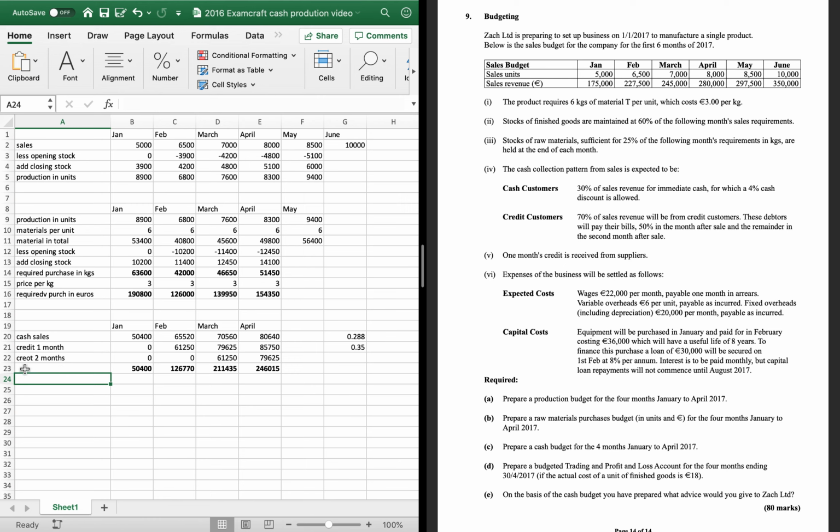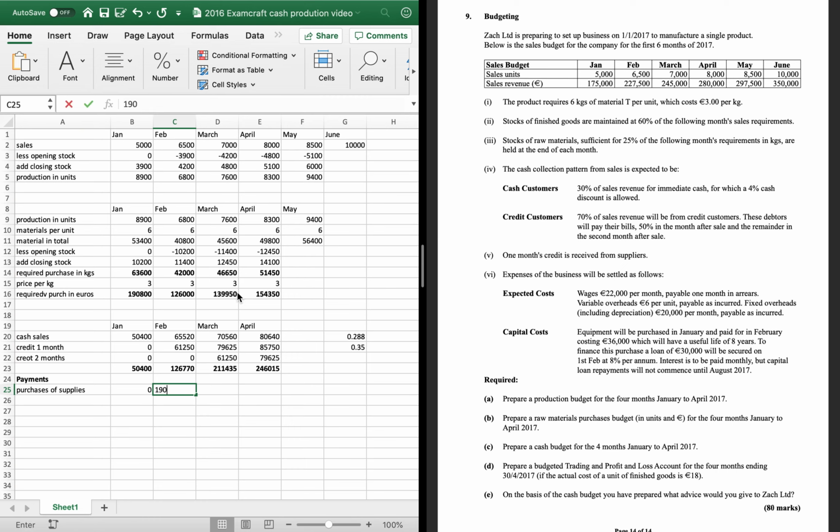Now we're on to our total payments, and it's really important you don't skip this one here. 1 month's credit is received from suppliers. So your 1 month's credit received from suppliers is you have to pay for these kilos that we're buying. So these are our suppliers here. We're paying the money 1 month after. So that's purchases of supplies. Nothing in January because you're getting 1 month's credit.